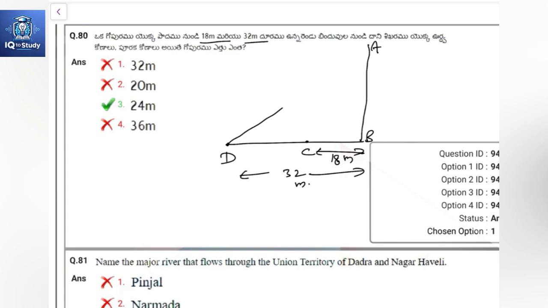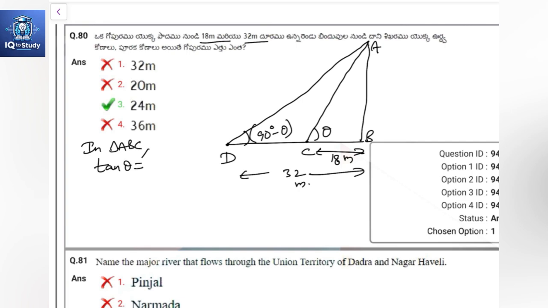So if one is theta, then the other is 90 degrees minus theta. In triangle ABC, tan theta is equal to AB by 18. Let it be equation 1.